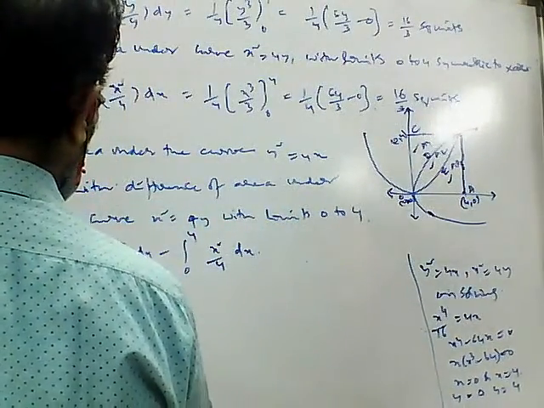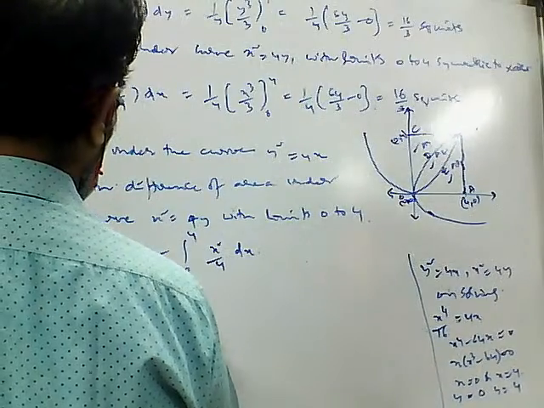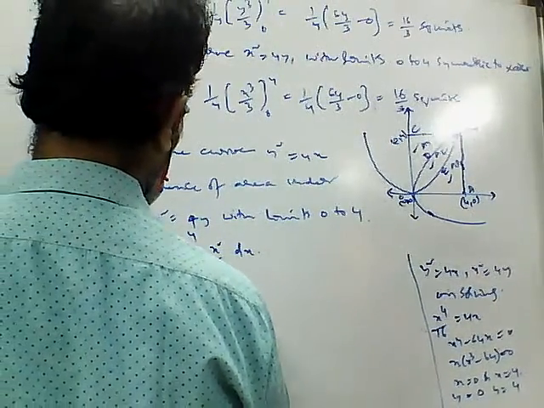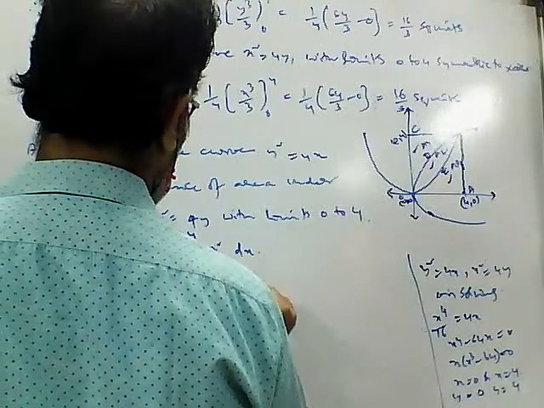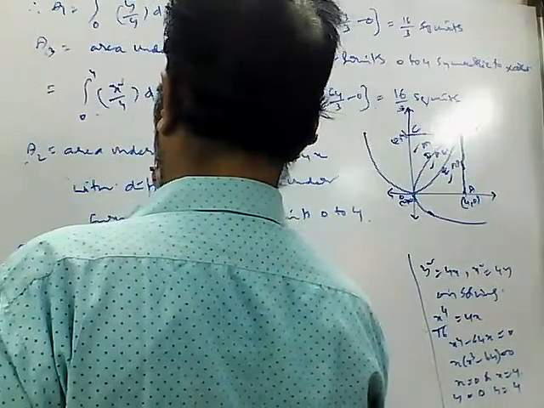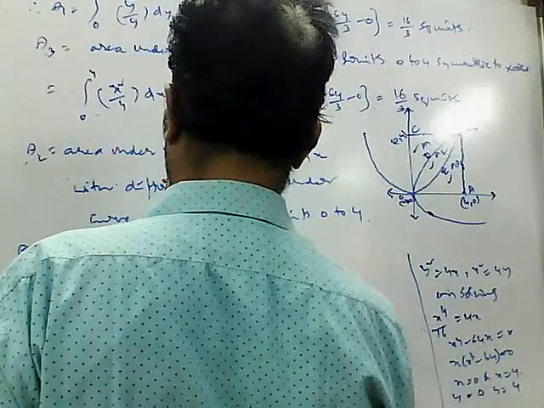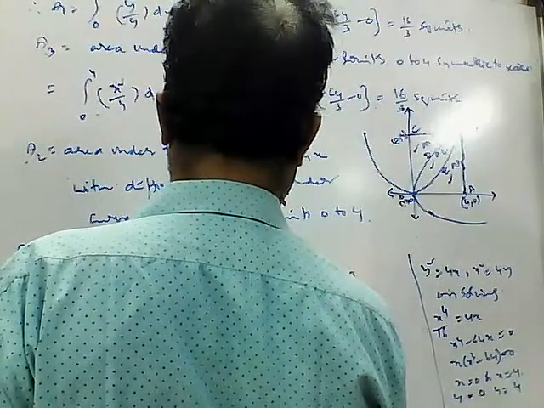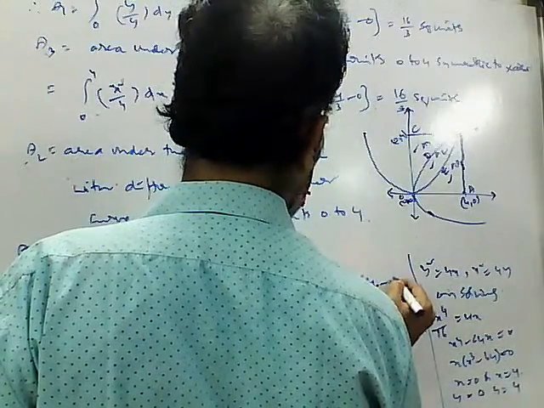That is equal to 2 into x power 3 by 2 into 2 by 3 from 0 to 4, minus 1 by 4 into x cube by 3 from 0 to 4. That is equal to 4 by 3 into 8, minus 0, minus 1 by 4 into 64 by 3, minus 0.